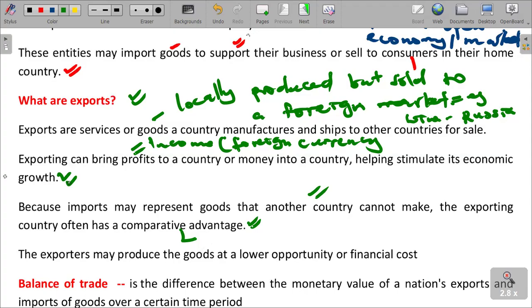That is a comparative advantage that is coming from the exporting country. The exporting country, the country that is giving out, has a comparative advantage compared to the country that is buying those goods in terms of cost efficiency and other factors such as economies of scale. So the exporters may produce the goods at a lower opportunity and/or financial cost.